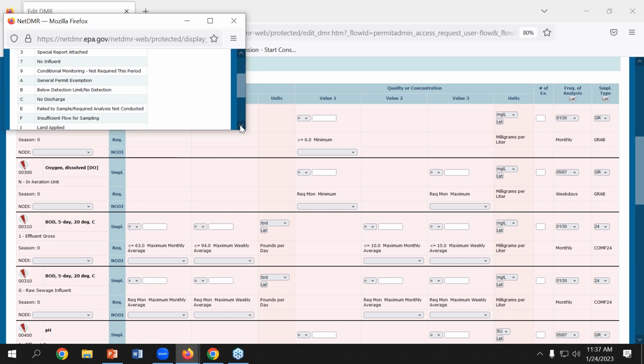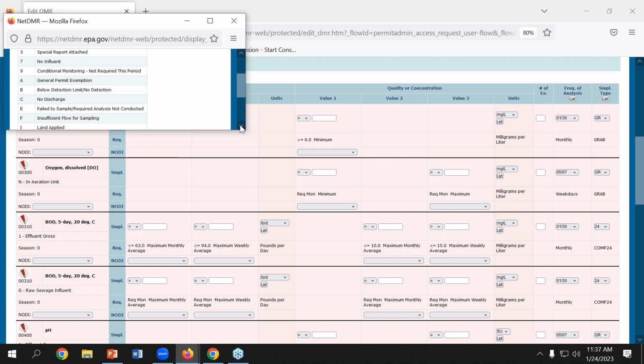Now, there are some other NODI codes. Hopefully you don't find yourself having to use these. For example, a NODI E. If by chance there's a parameter on your permit that you fail to conduct an analysis for, the NODI E code will apply. Again, hopefully that's not something you encounter very often, but it does happen. And it most often happens when the permit renews.